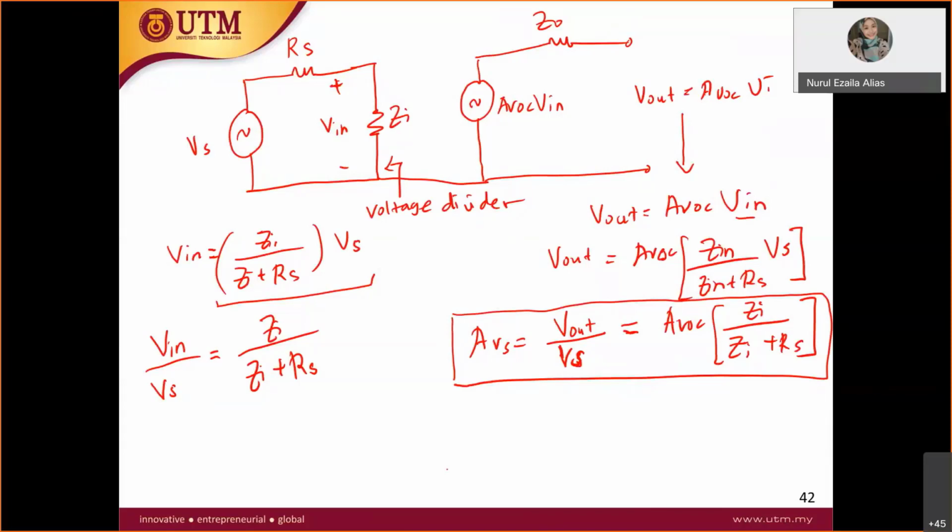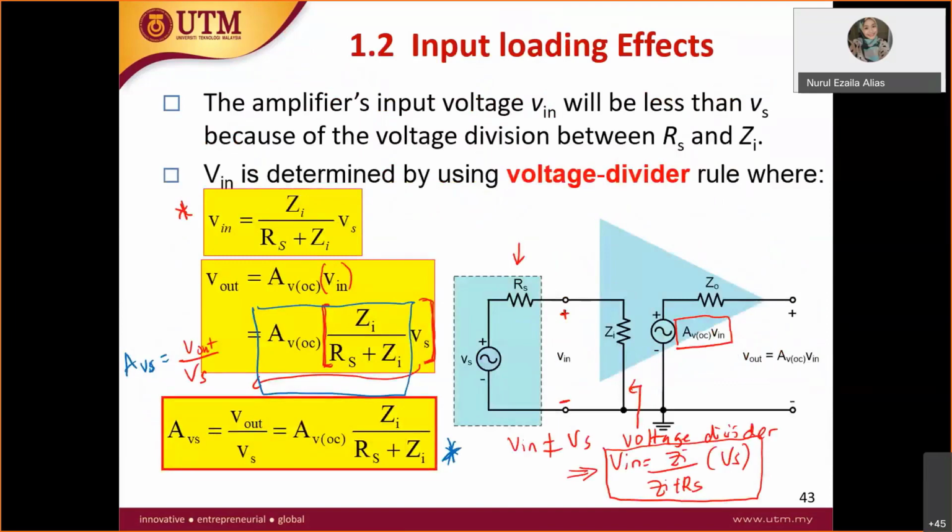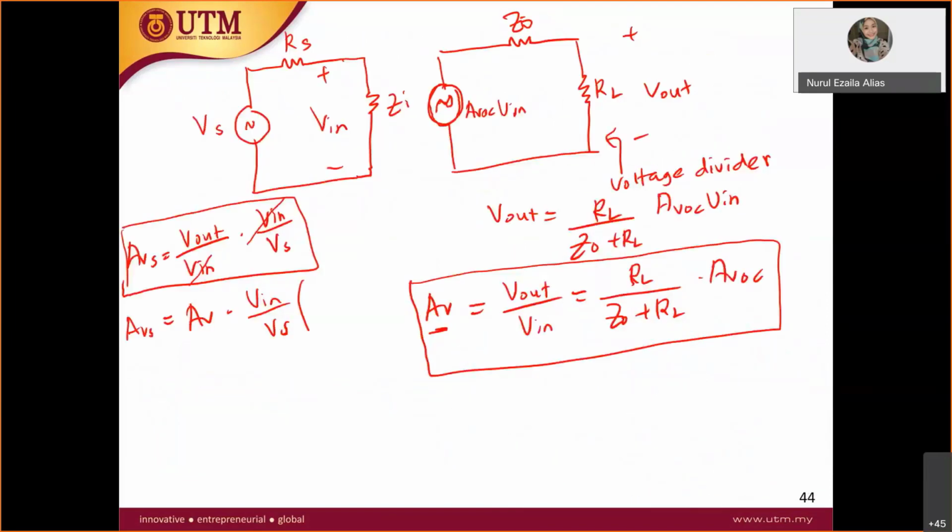If you take this VS and go down, you will get V in over VS equal to Z in over Z in plus RS. So AVS is equal to AV times Z in over Z in plus RS.